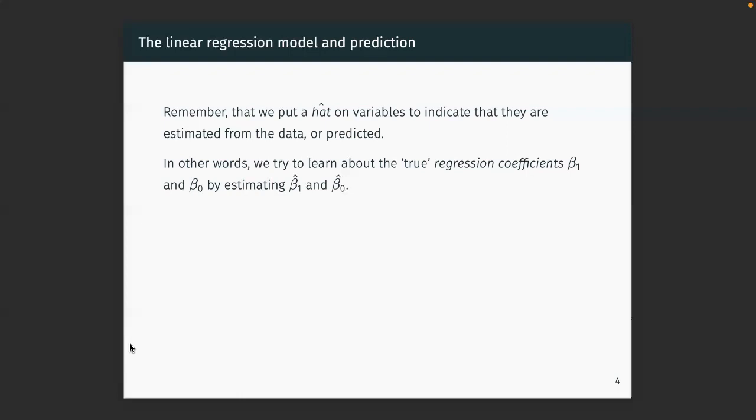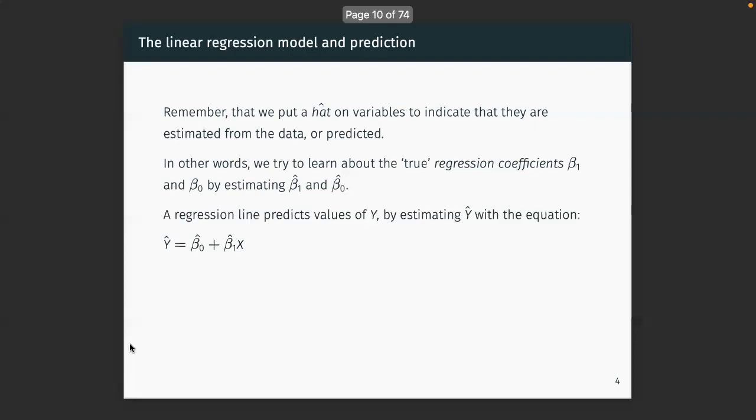So there's some true parameter out there in theory that relates y and x as a linear function, but we don't observe all of y and x. So the best we can do is make a guess based on the data. And we're going to call that beta hat. So we're going to get predicted values of y hat, from the beta hat 0 and beta hat 1 that we estimate from the data.